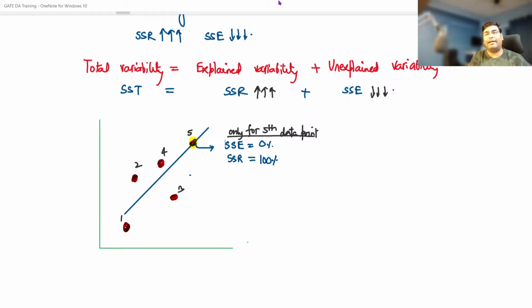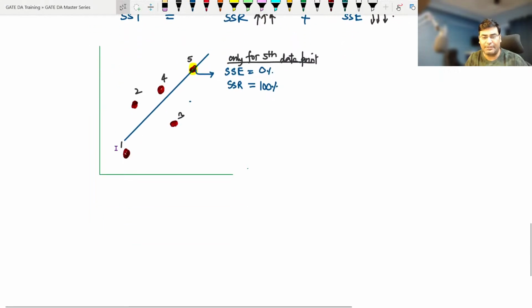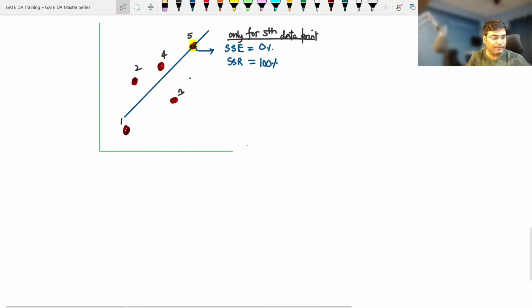So SSE will be lower, and your model accuracy will be improving. Make sense? Can we draw a line here that okay, we are done with sum of squares regression? Now, if we are done, let me put another heading, and that would be coefficient of determination.